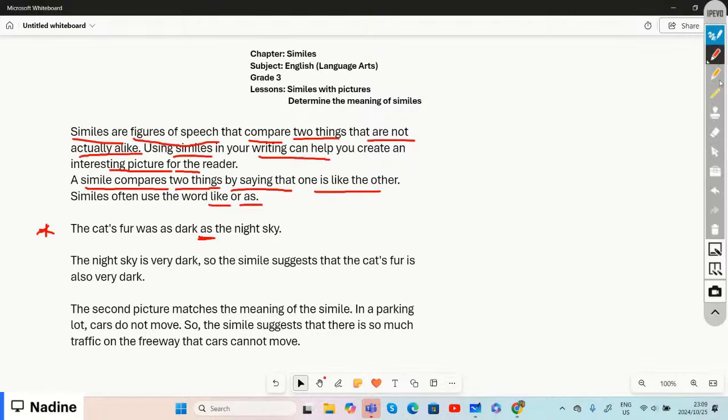But like we said, it's not directly translated. That is why we're saying it's a figure of speech. We are actually trying to say that the cat's fur is very dark, because if you picture night, night basically means it is very dark. So if we say the cat's fur was as dark as the night, then we are actually saying that the cat's fur is very dark.